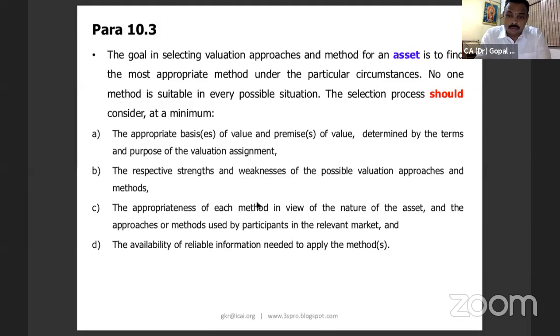Should purpose of valuation be a must for determining valuation approach? Yes or no? Please type, guys.